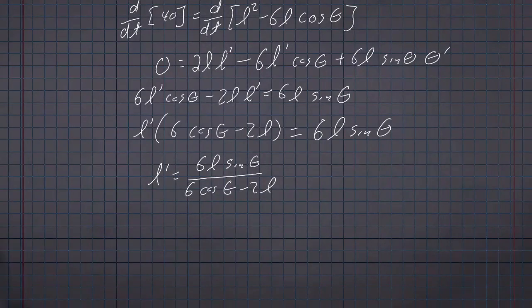And we can find a common factor of 2 to reduce, I guess. L prime is 3L sine of theta over 3 cosine of theta minus L.